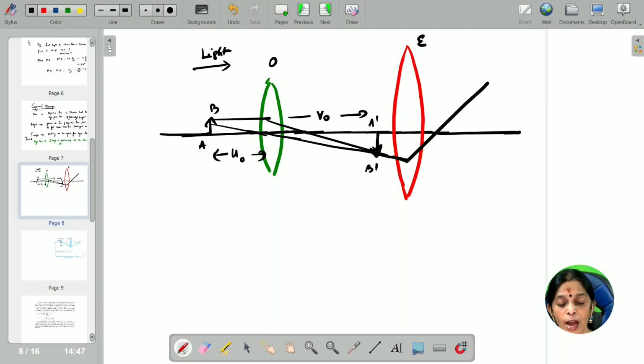Therefore it gets refracted, and I produce it back in order to get the image at LDDV, the least distance of distinct vision. So I got the image at LDDV.